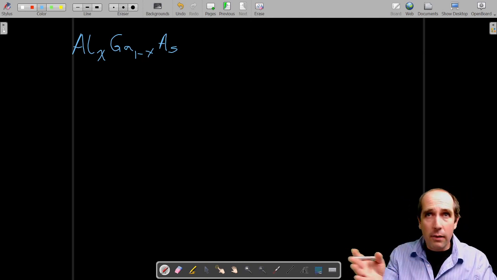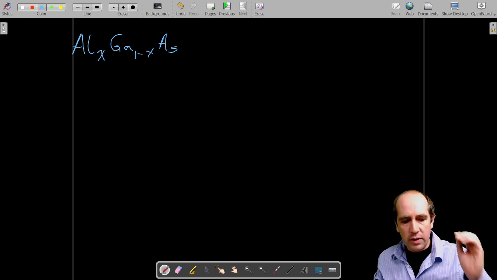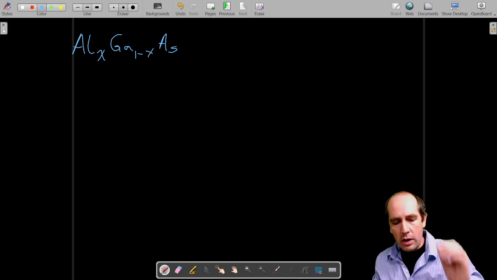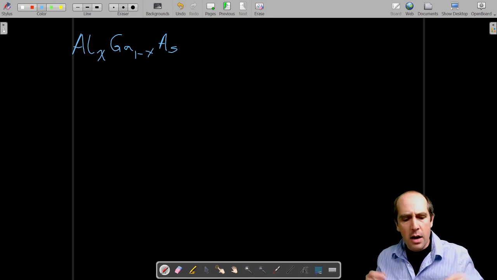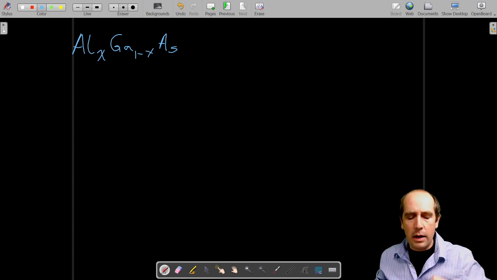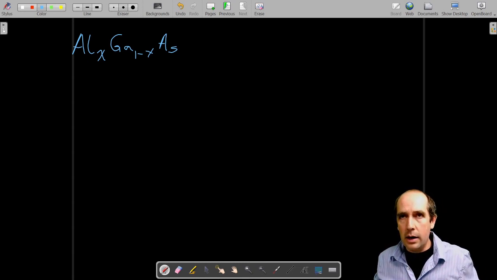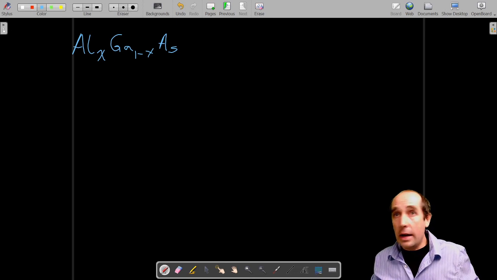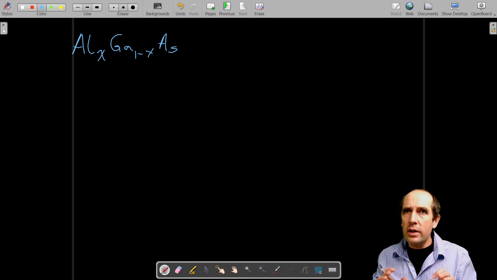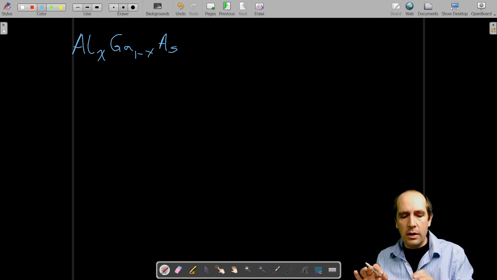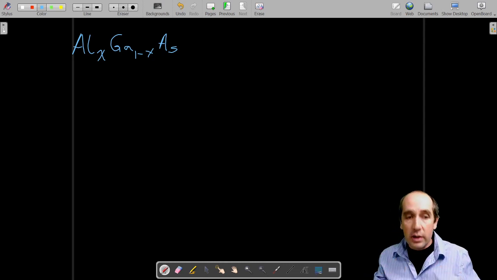So with this, we have a continuum. We can put, for example, 0% aluminium and 100% gallium, and that's gallium arsenide. But we could put, I don't know, 2% aluminium and 98% gallium, and that will give us a slightly different semiconductor. And if we put 50 and 50, that will give us another semiconductor, and so on.